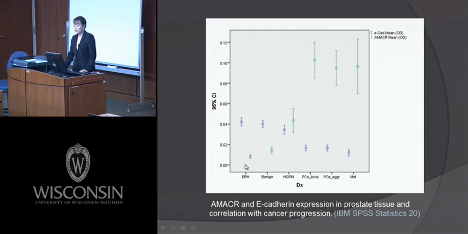As you can see, AMACR expression is significantly elevated in high-grade PIN and prostate cancer compared to the benign prostate tissue. And E-cadherin is decreasing as the cancer progresses, which is consistent with published data. So this experiment verifies the vector system and the multiplexing IHC.